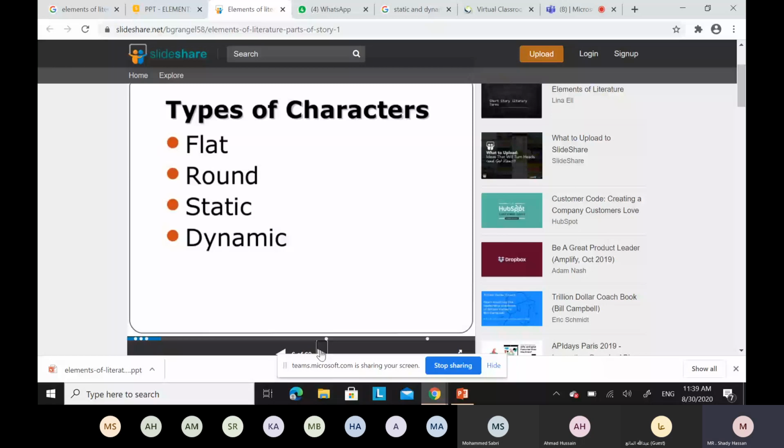Flat characters are static characters. Their point of view never changes during the course of the story. In contrast, round characters are dynamic. They change their attitudes and their point of view. So the heroes are flat characters.